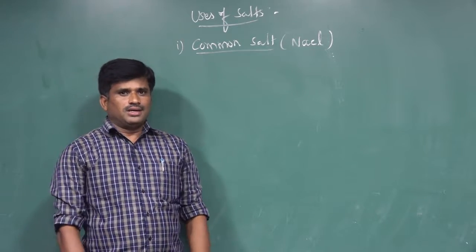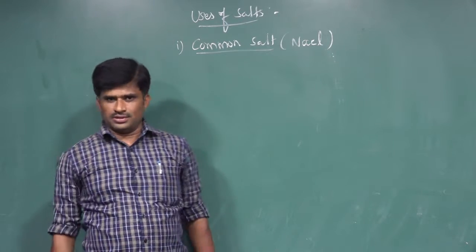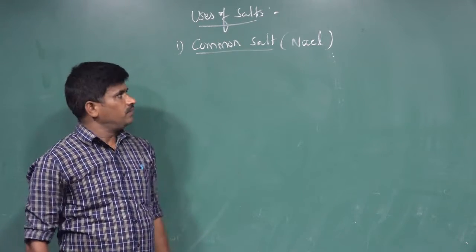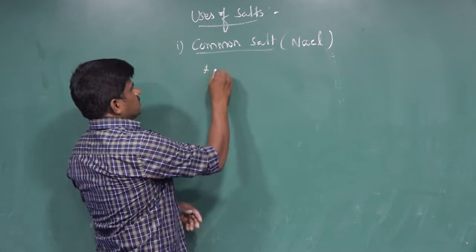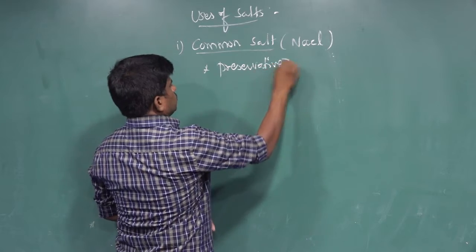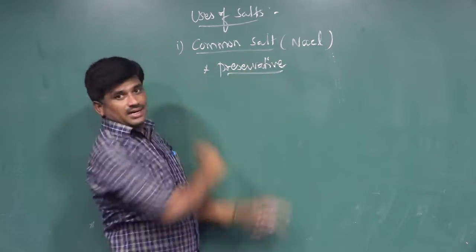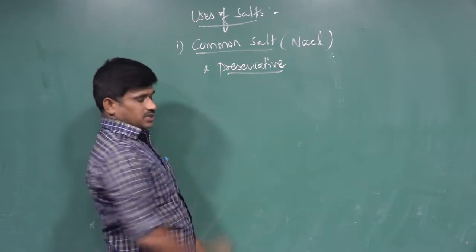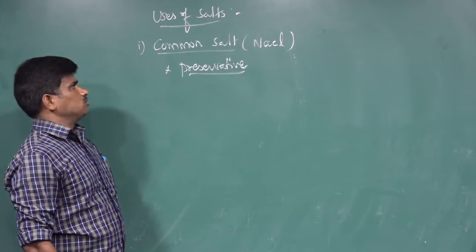Without salt, we cannot taste any food; that food is tasteless. One more use of sodium chloride is as a preservative. To preserve some food items, salt is added. These are the two uses of common salt.